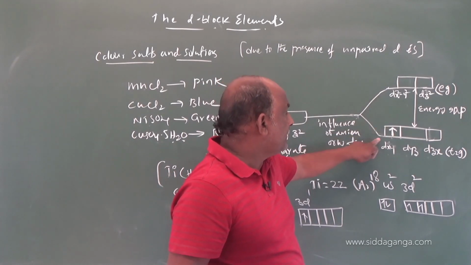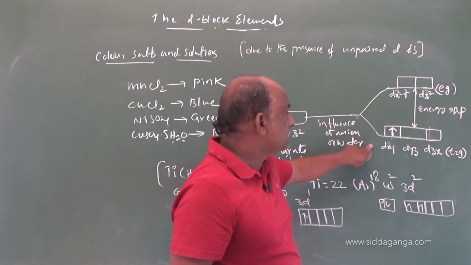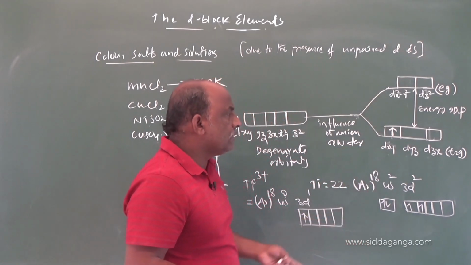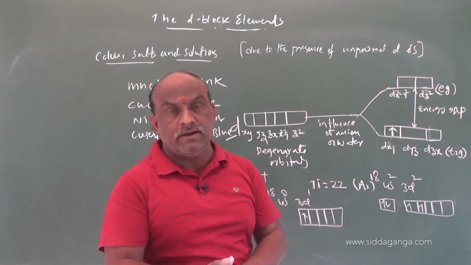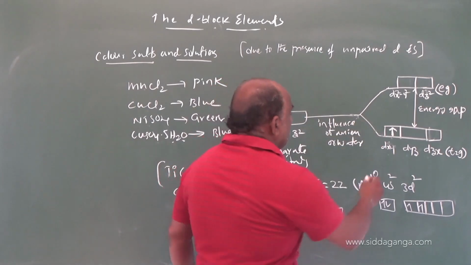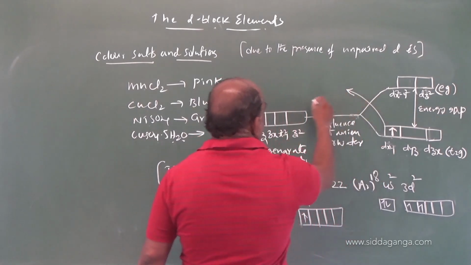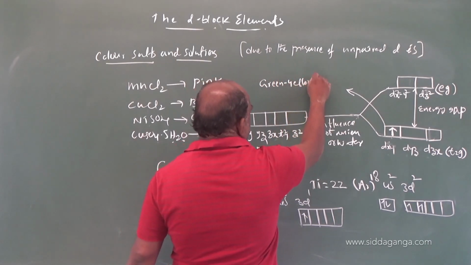This particular dxy electron absorbs green and yellow radiations, green and yellow color.